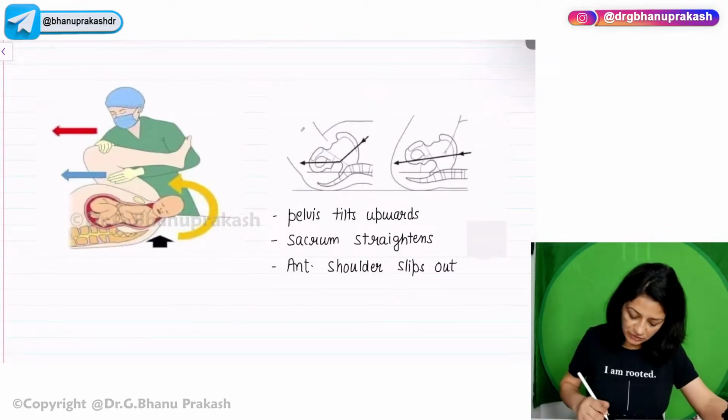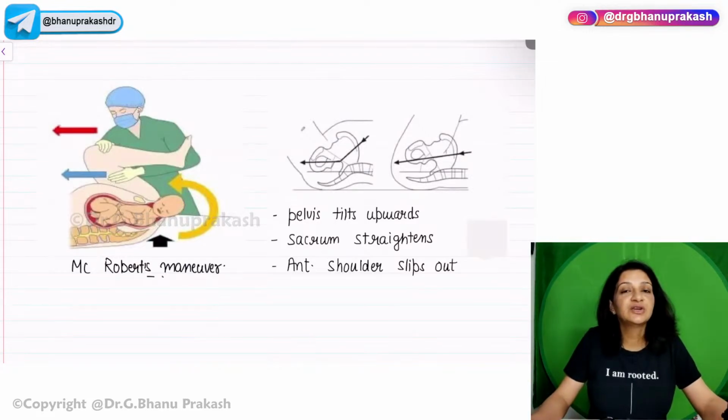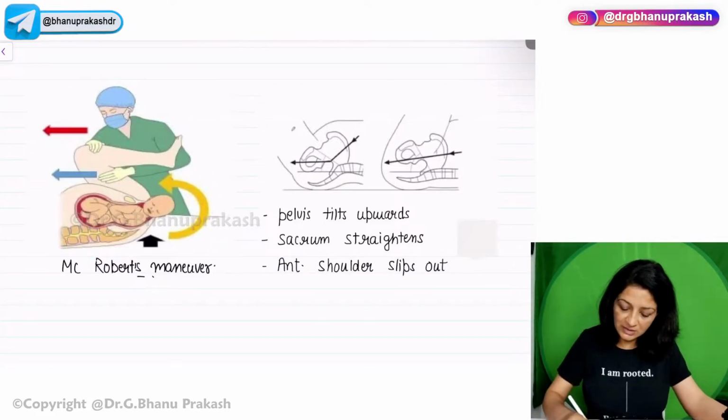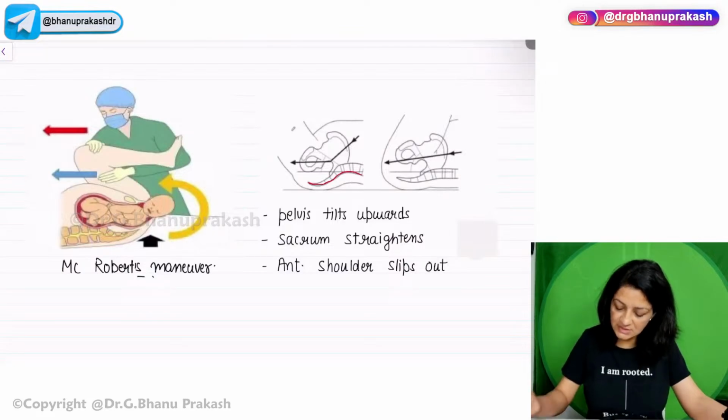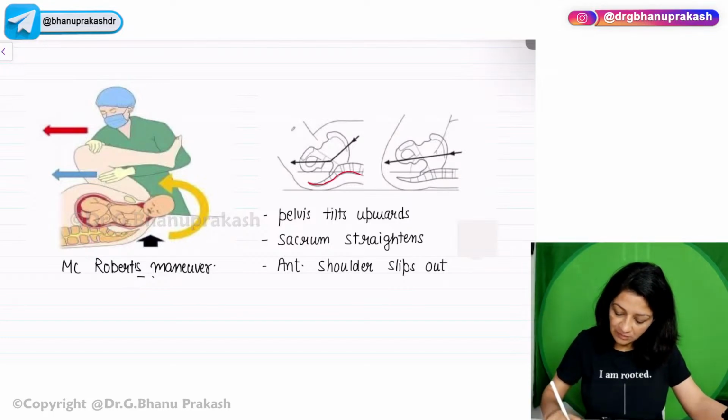This one is the McRoberts maneuver. McRoberts maneuver means hyperflexion of the maternal thighs. We hyperflex the legs so that, as you can see clearly in this image, this is the sacrum. As soon as you hyperflex towards the maternal abdomen, you will see the pelvis tilts upwards. This is the angle. It will tilt in the upward direction. So the sacrum becomes flat, straight. Then the anterior shoulder slips out.